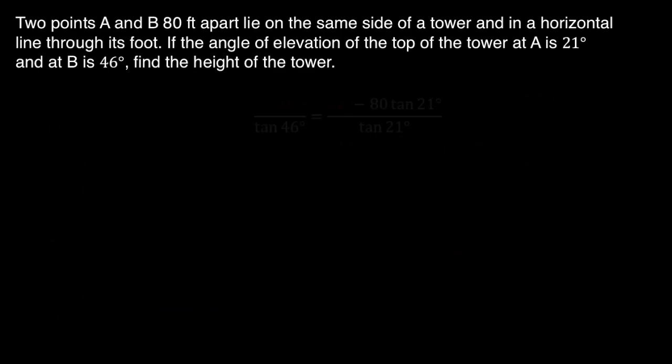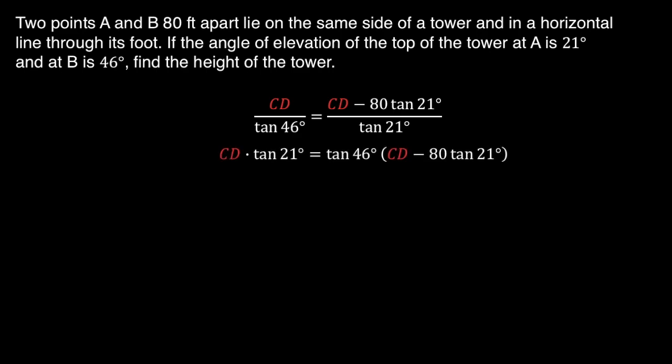From here, we can solve CD. We first get rid of the denominator by multiplying both sides by tangent 21 times tangent 46. We get CD times tangent 21 equals tangent 46 times the quantity CD minus AT tangent 21.